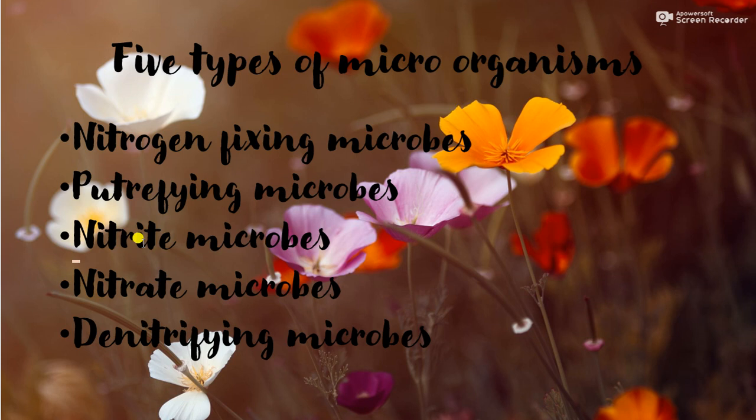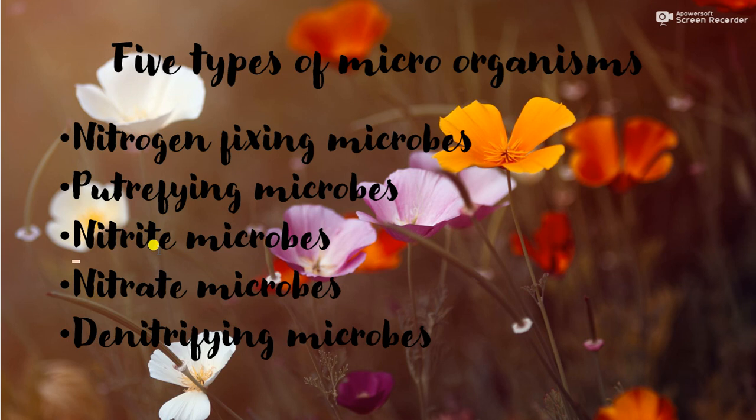I'm stressing Nitrosomonas because Nitromonas is another one. Nitrosomonas and Nitrosospira, Nitrosococcus and Nitrosolobus. These are the different examples for nitrite microbes. So I'm stressing that nitroso, that is for the group which is commonly nitrite microbes.